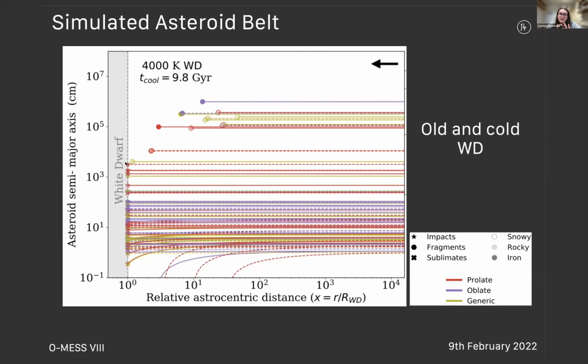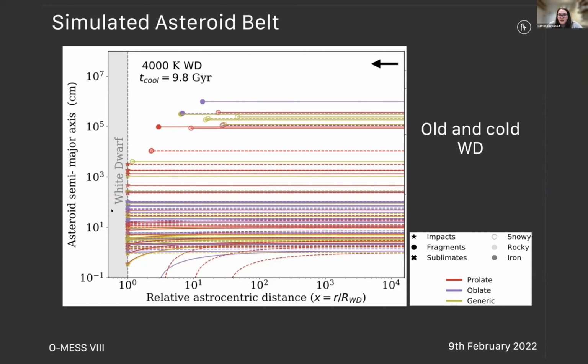That doesn't change too drastically. But for the much smaller objects, we are seeing a large reduction in the sublimation, perhaps not unexpectedly due to the reduced amount of radiation from the central star. But you're seeing that there's quite a large amount of material which is able to impact directly onto the white dwarf, which is an interesting consequence of this analytical model that we present in this work here.